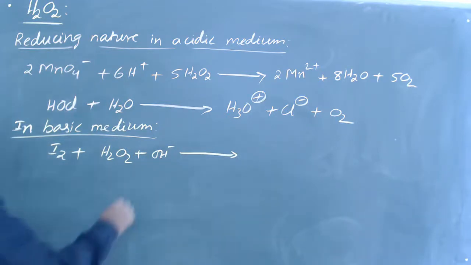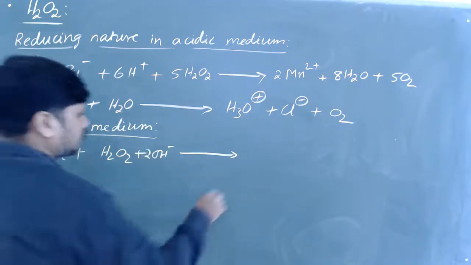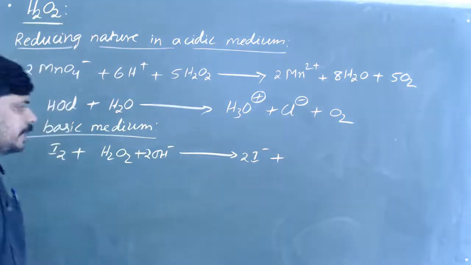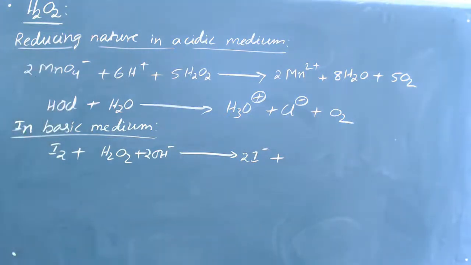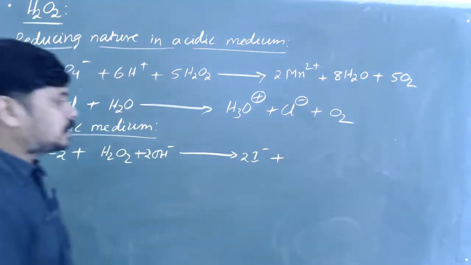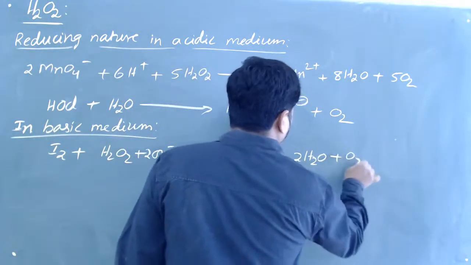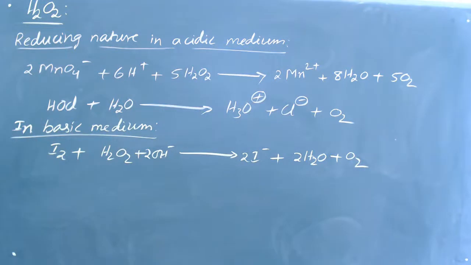So I0 gets converted to I minus, and along with this iodide, the remaining is liberation of H2O and O2. So this is what you can see when it is iodine. It is the way we can get it.